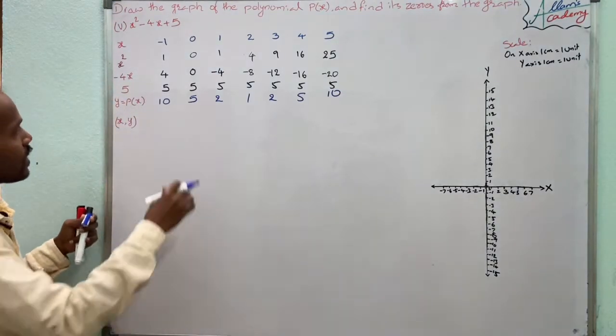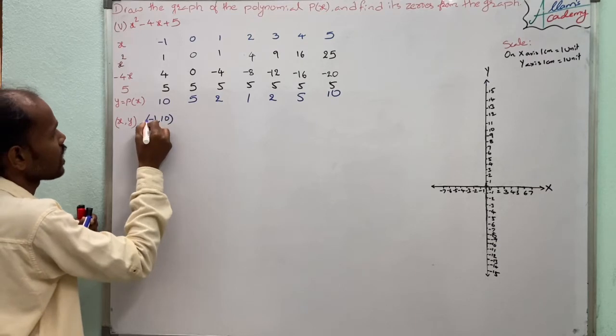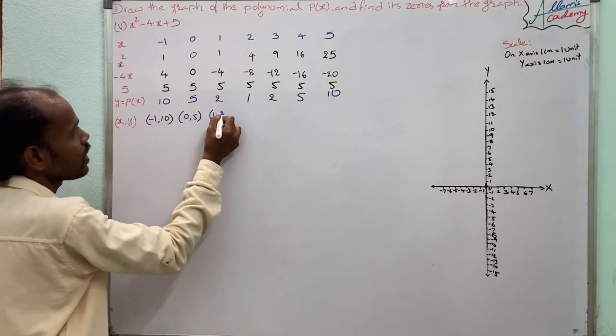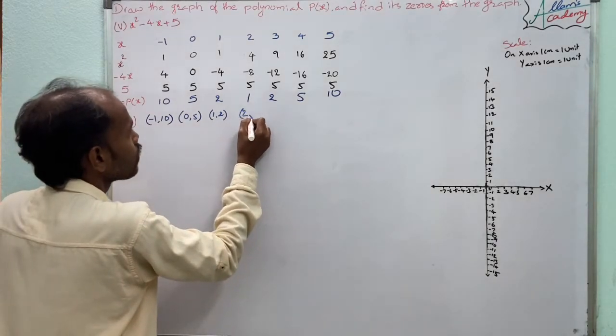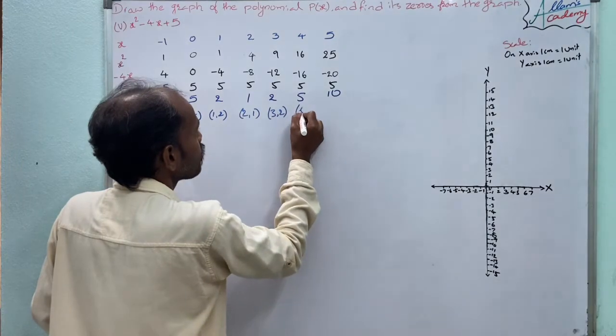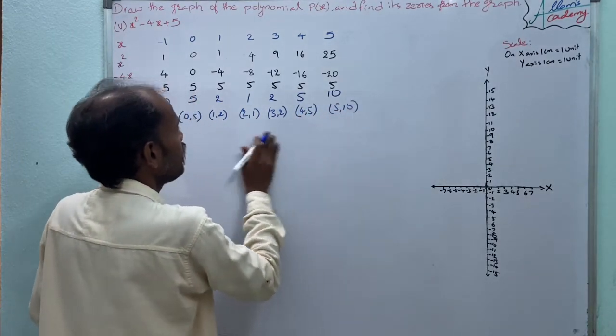So here the points are (-1, 10), (0, 5), (1, 2), (2, 1), (3, 2), (4, 5), (5, 10).